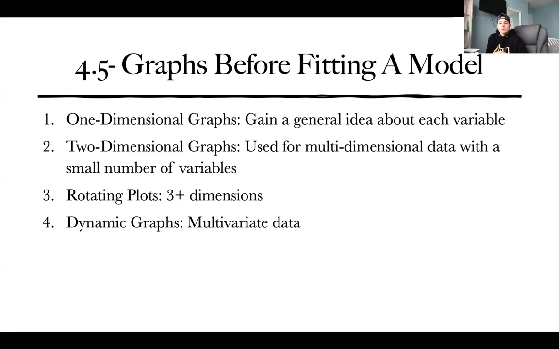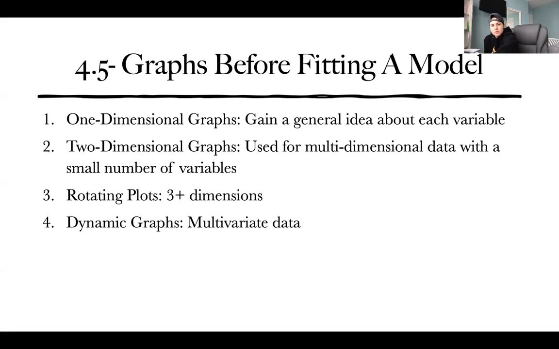From there, we would be able to make conclusions and see outliers and influential observations and all that kind of stuff. Our fourth group of graphs is called dynamic graphs. This is used to explore multivariate data, and this type of graph also needs computer software to create it.